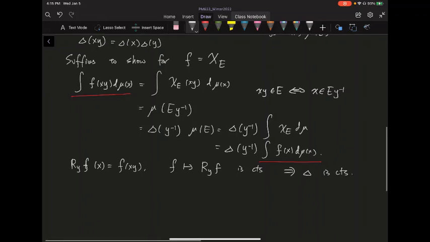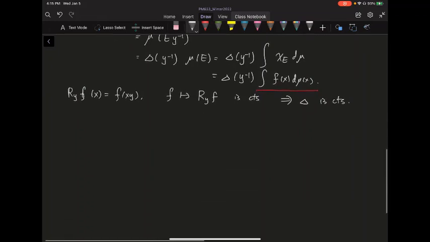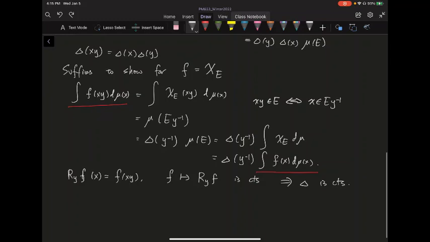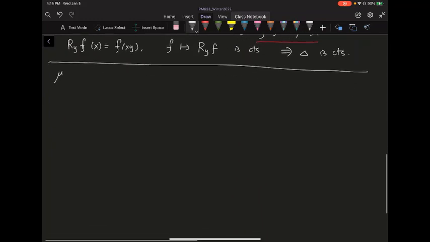All right, so let's finish the proof, and let's do an immediate corollary. If you recall, when we first talked about the Haar measure, if I give you a left Haar measure mu, then I can define a new measure, let's call it rho of E, defined to be mu of E inverse, and then this is a right Haar measure.